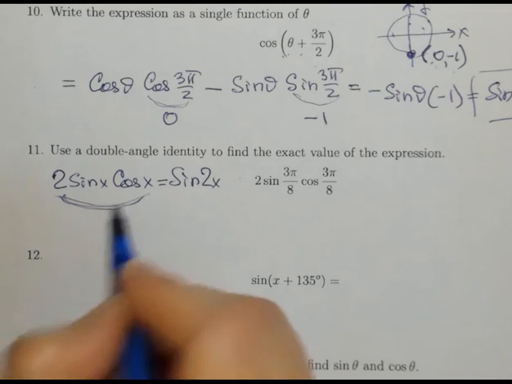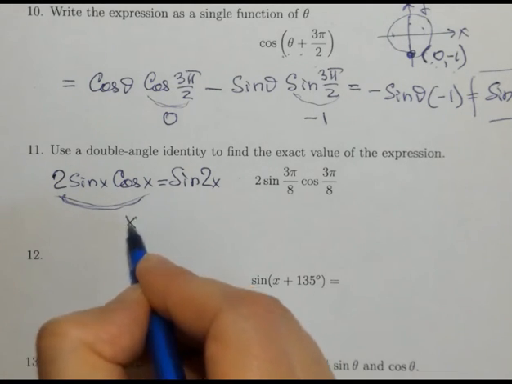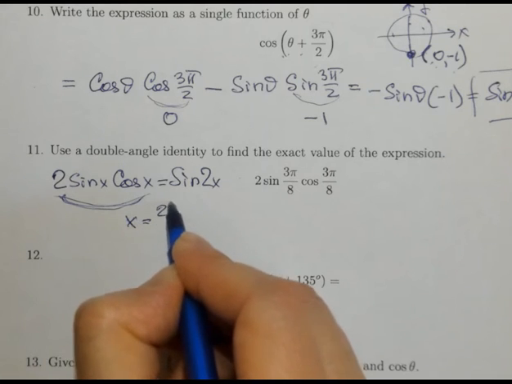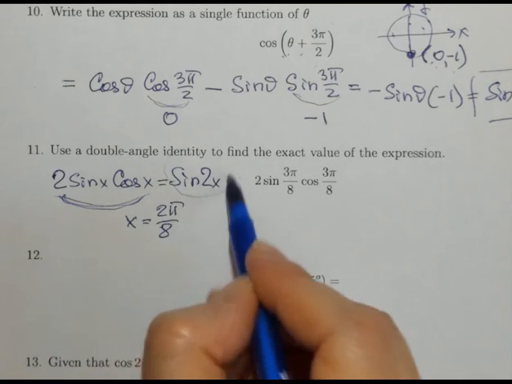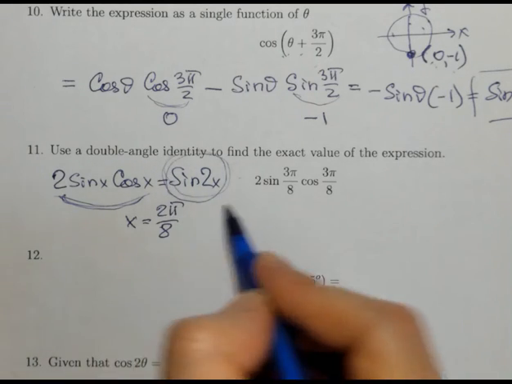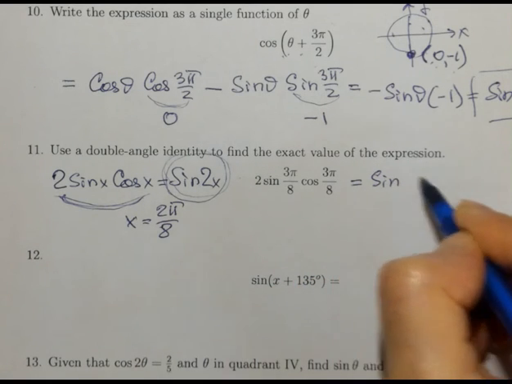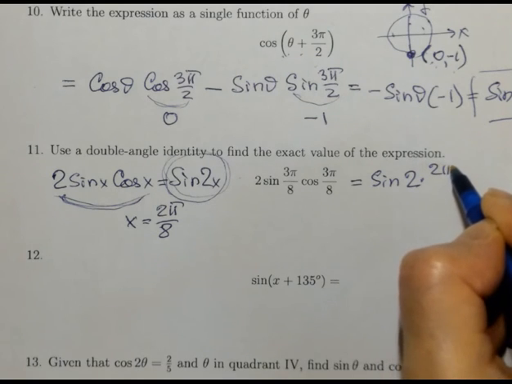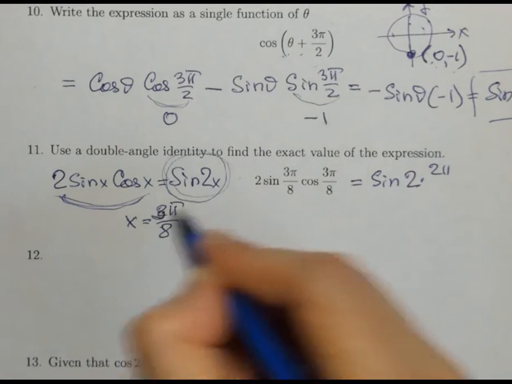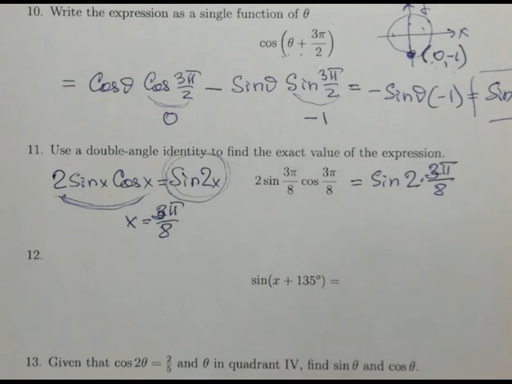So we have this part here. It means that x is 3 pi over 8. And according to the identity, this expression must be equal to sine of 2 times 3 pi over 8.